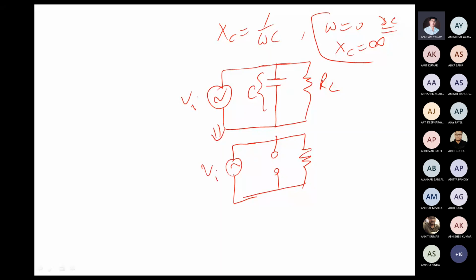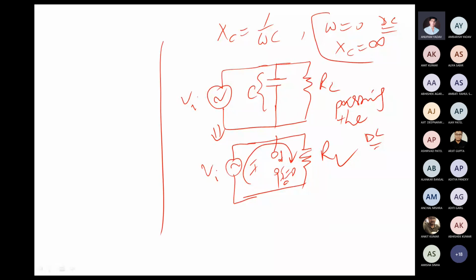All the current is passing through the load resistance RL, making all of the DC component of the signal appear across the load resistance RL, because no current is passing through the capacitor. So the DC signal is passing through the load resistance RL.